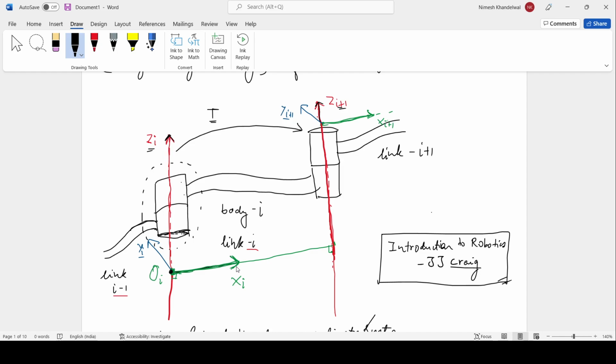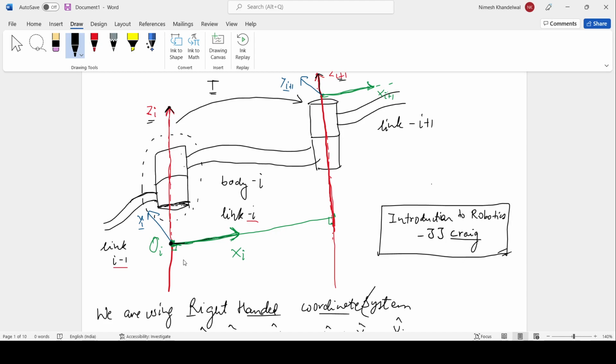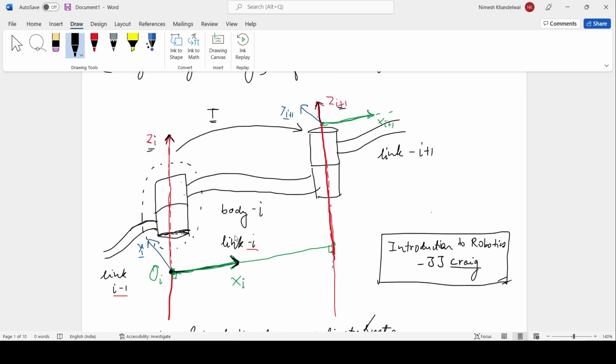It is pretty clear that to go from the ith frame to the I plus 1th frame, there are certain motions that will make you reach there. One of them is the rotation about xi. Why rotation about xi?